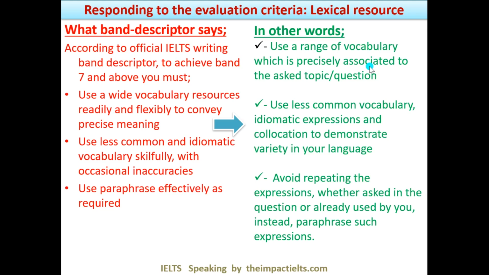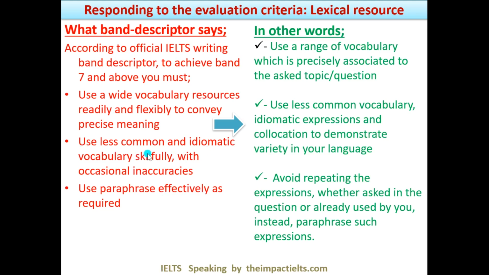That means you have got a range of precise vocabulary. It also means synonyms. It also means paraphrased versions. So it means a lot of things that we will discuss in detail, perhaps in the later part of these lessons, right?